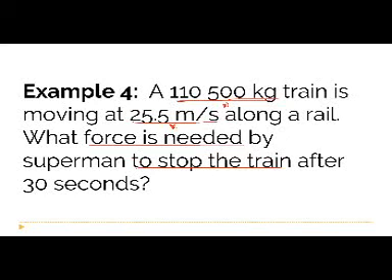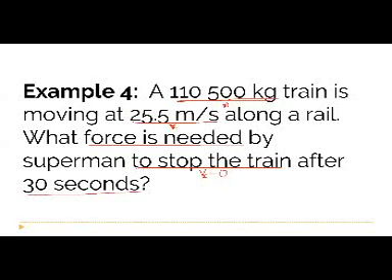Since we stop the train, this is the velocity of the train after applying force. So this is the final velocity. Since we stop the train, the velocity is now equal to 0. Then the time interval is 30 seconds.